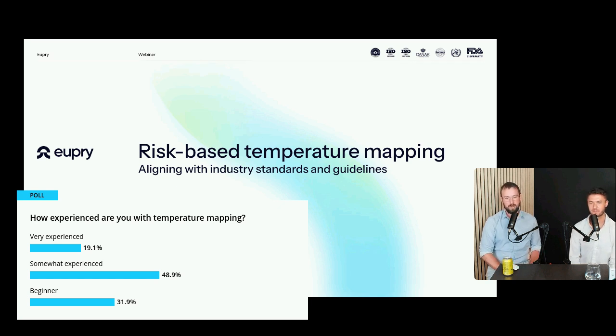Today we'll talk about risk-based temperature mapping, and just to get us started, there's a small poll in terms of how much experience you have with temperature mapping, and it seems to be quite evenly distributed. There's a lot of beginners, somewhat experienced, and very experienced. Hopefully today we'll touch base on a series of different levels.